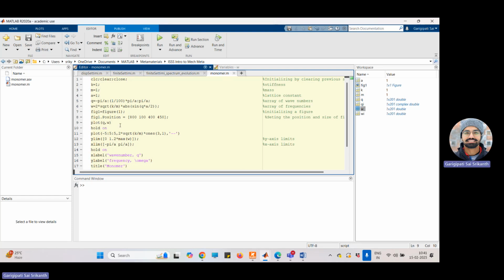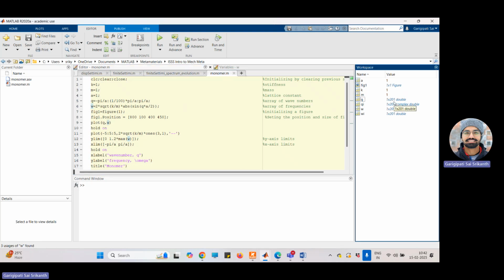So plot is in the form where the size of Q and W have to match. So here we see that Q is a 1 cross 201, W is also 1 cross 201. W can be 201 cross 1 also. It doesn't have to be.